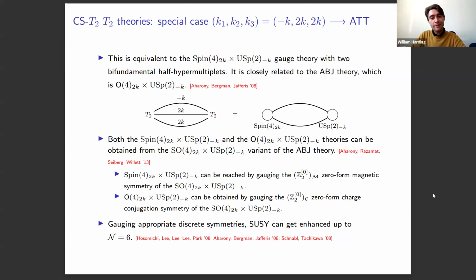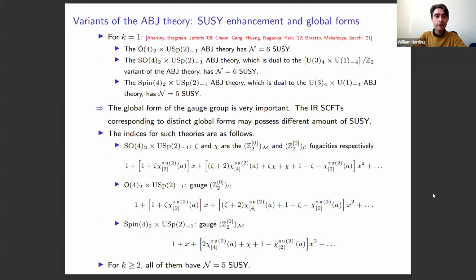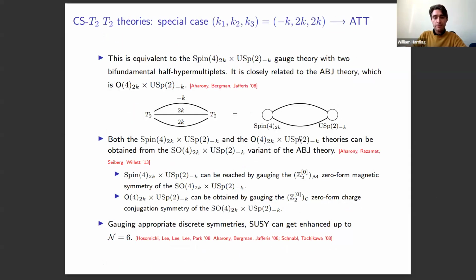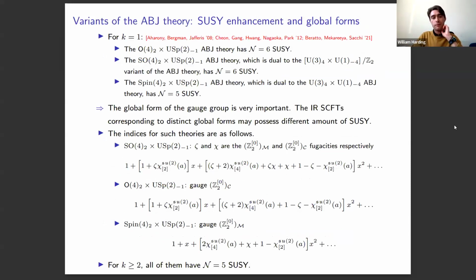So let us see this explicitly. Let us take this quiver, this variant of the ABJ theory, for k equal to 1. Now, in the orthogonal case, we find N equal to 6 SUSY.